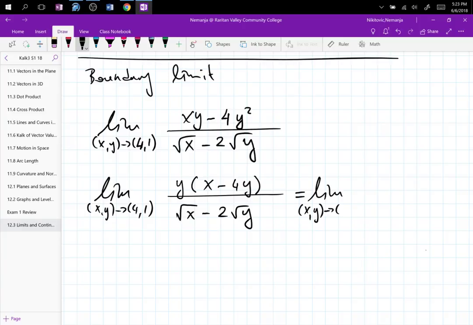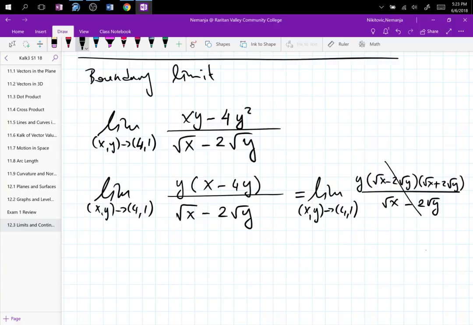Anything can be factored. It doesn't have to be a perfect square. So I'm going to say y times root x minus 2 root y times root x plus 2 root y. And then we have root x minus 2 root y in the denominator. They drop.